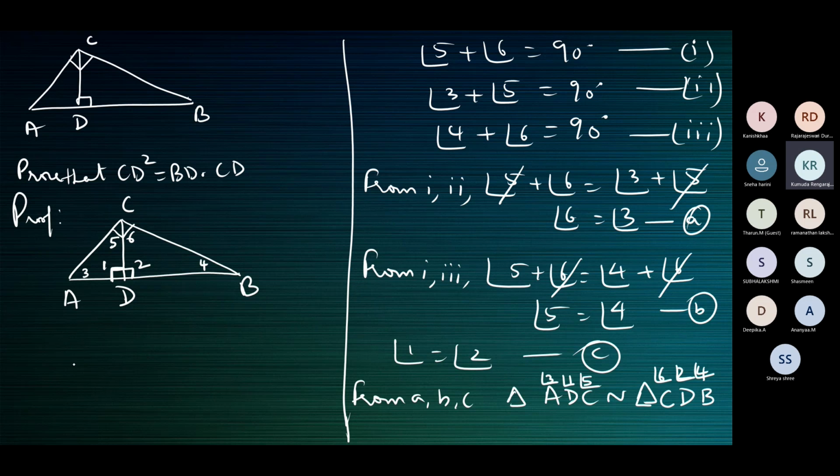I'm continuing here. So the proportion is AD by CD is equal to DC by BD. This is enough. Cross multiply this, you'll get CD square is equal to BD into AD. Sorry, I had not written this correctly.